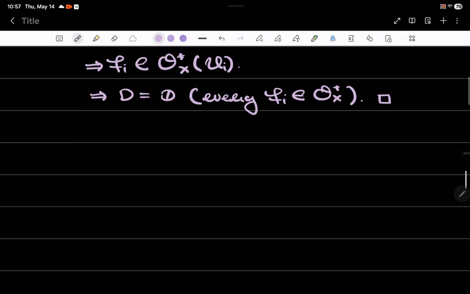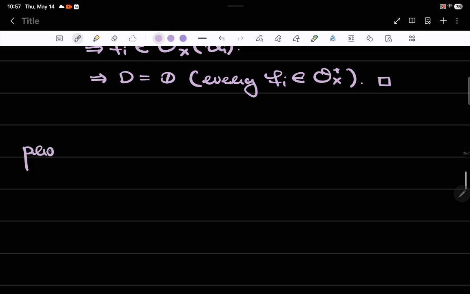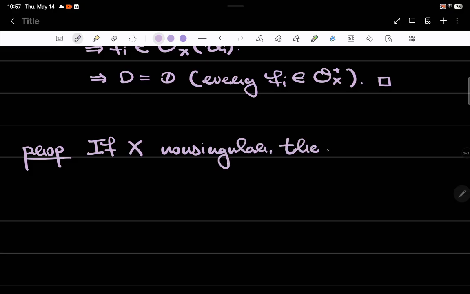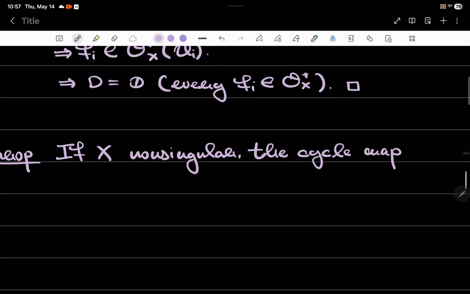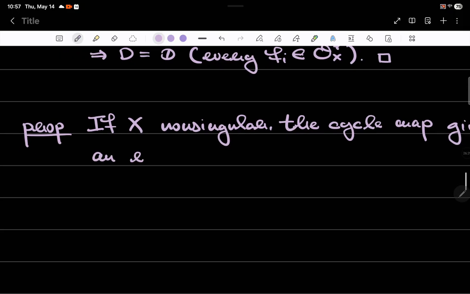And we have something more, which is that if X is non-singular, the cycle map gives an isomorphism from Cartier divisors to Weil divisors.